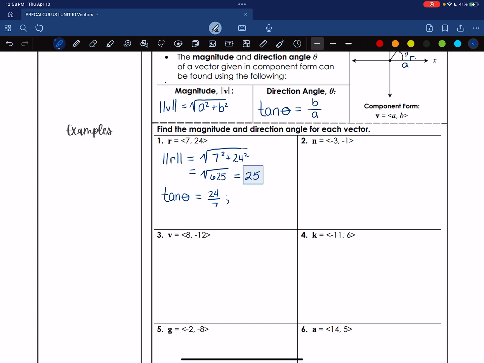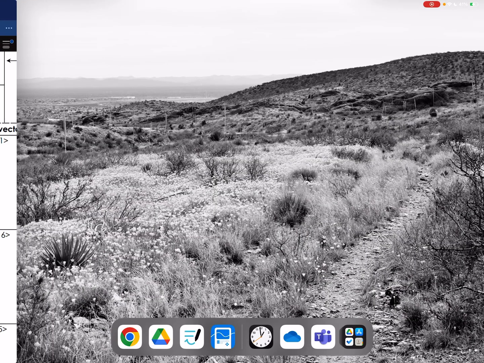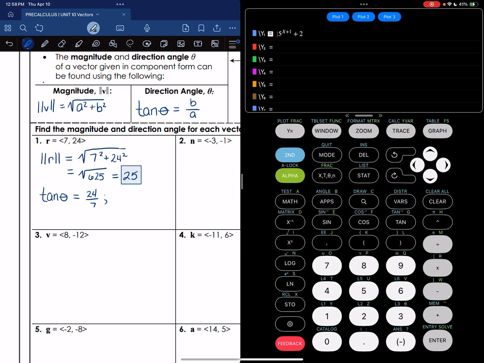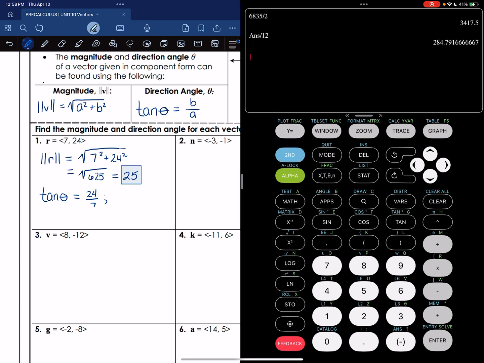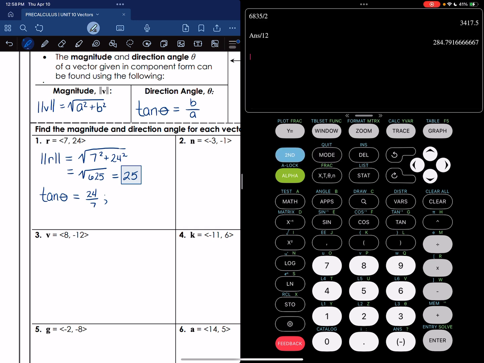When you grab your handy dandy calculator, let's go ahead and do one together so you can see. Make sure that you are in degrees. Check your settings. Good, I'm in degrees. So here we go.